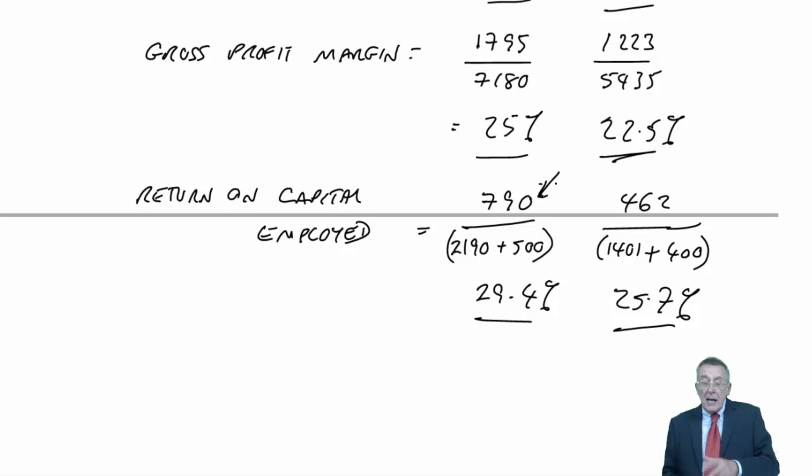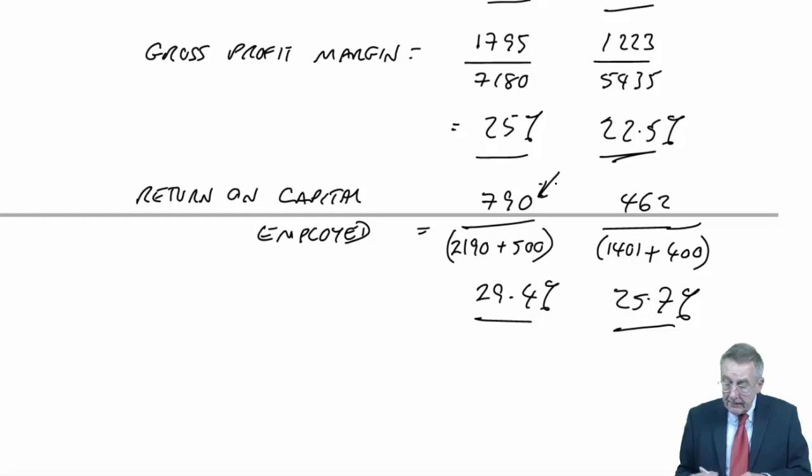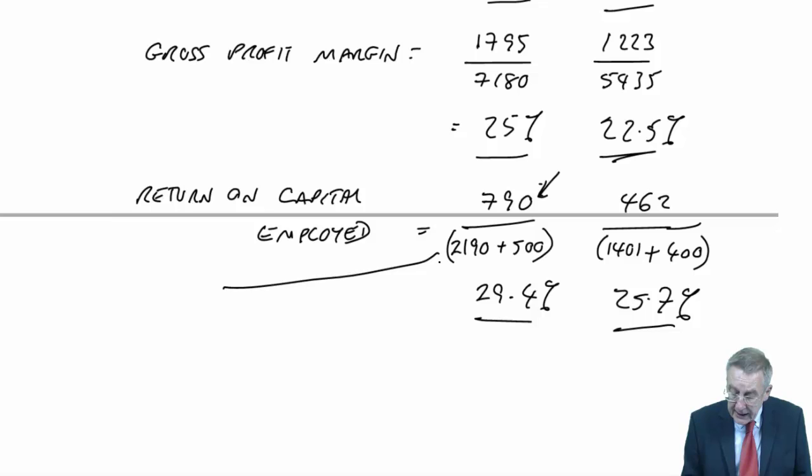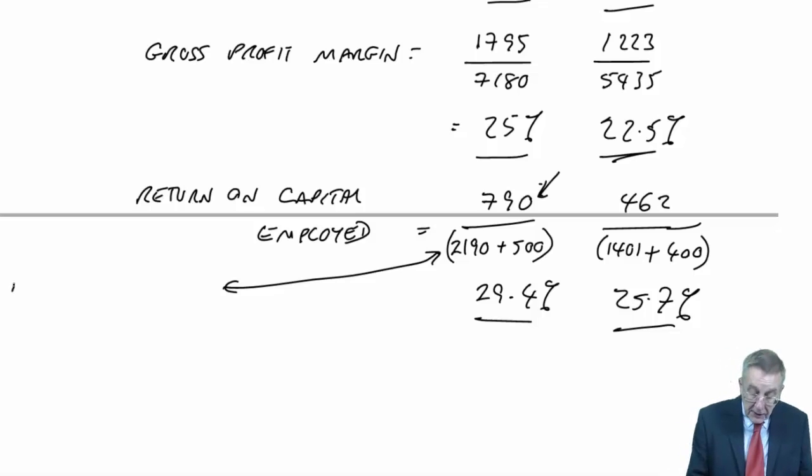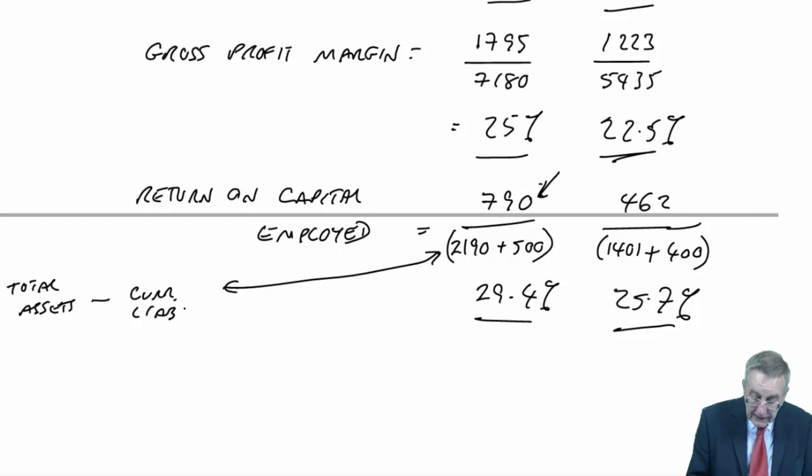The other thing I said was that the capital employed you can get two ways. Most obviously, for this question, it's shareholders' funds plus long-term loans. But do be clear, that's always going to be equal to total assets minus current liabilities.